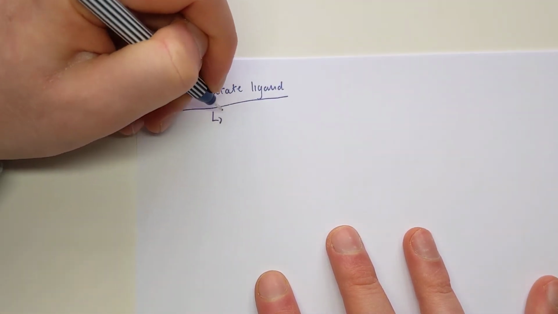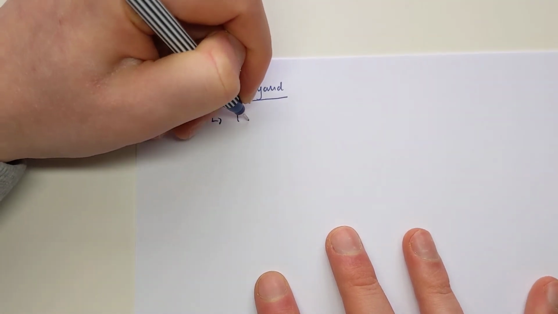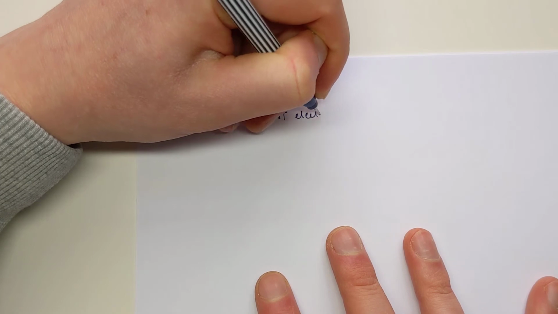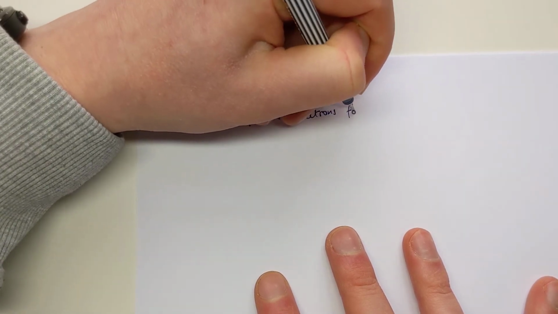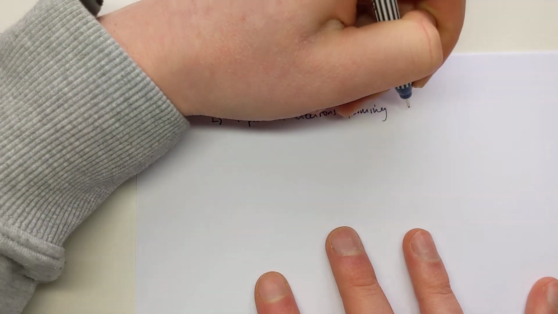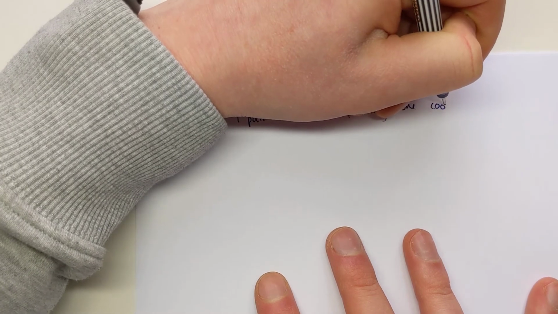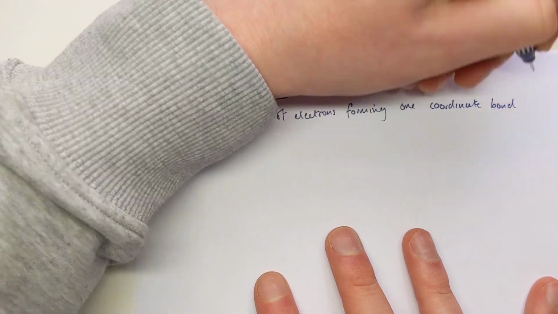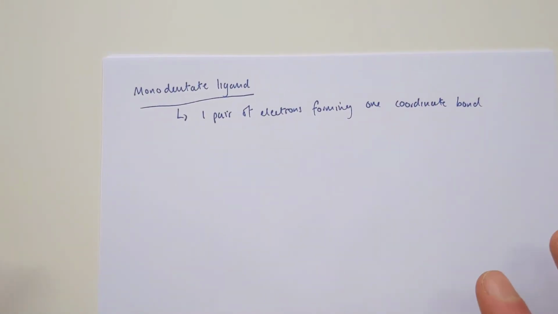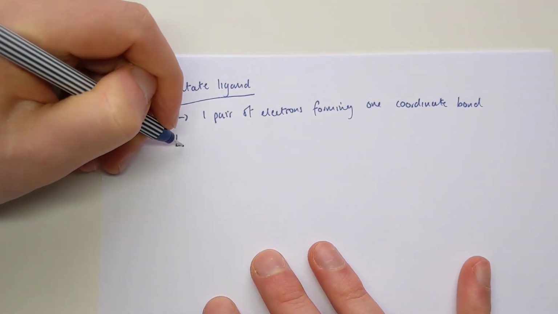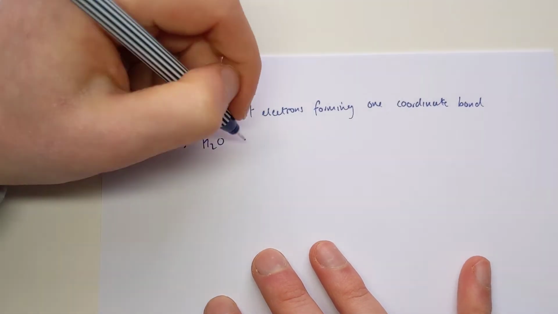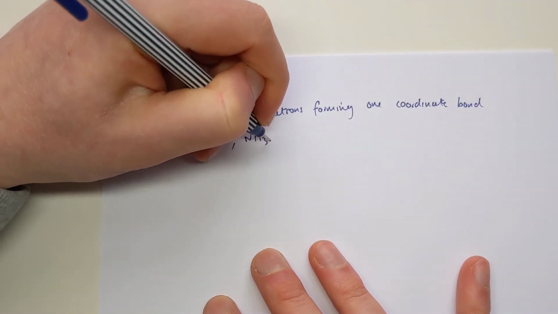So the proper definition of that is a monodentate ligand has 1 pair of electrons forming 1 coordinate bond to a metal ion. Now, most ligands you look at will be monodentate. For example, your H2O forms a bond with 1 lone pair of electrons, ammonia as well.